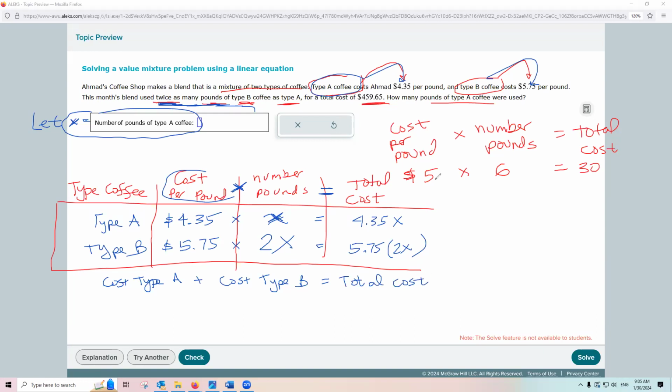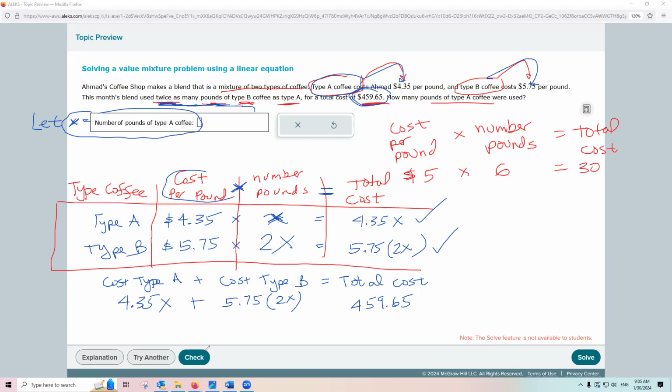But I know the total cost for all the coffee that was given to me here is $459.60. All right, the cost for type A coffee was 4.35x. The cost for type B was 5.75 times 2x.